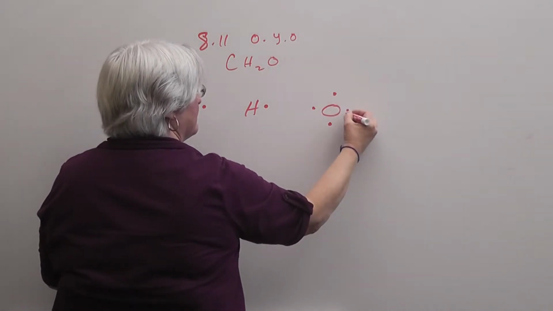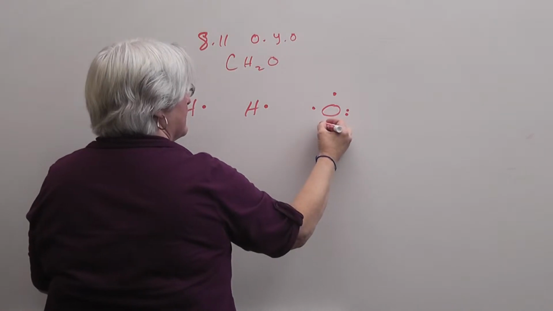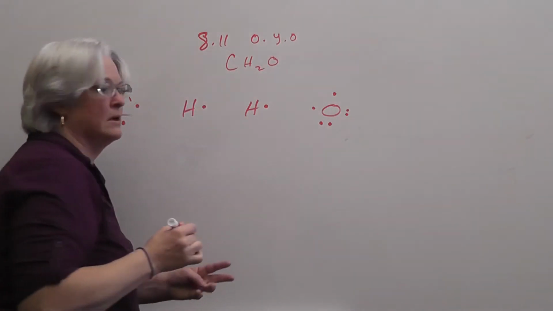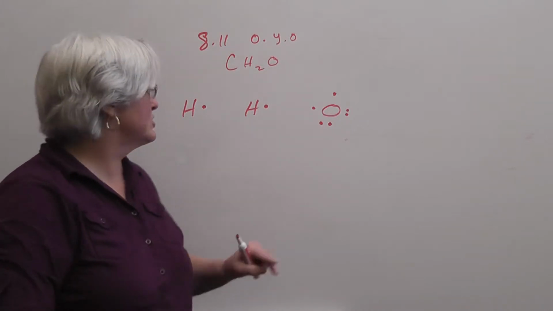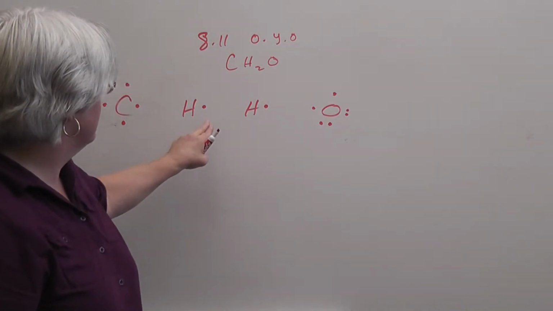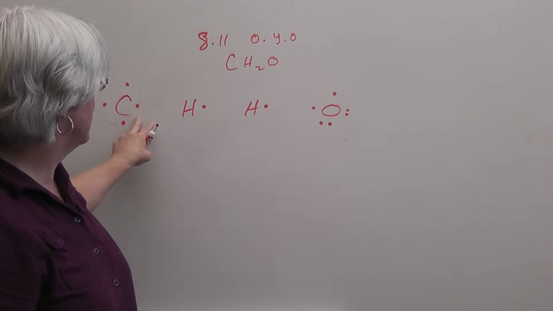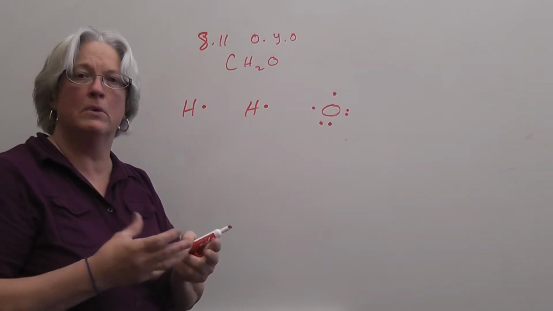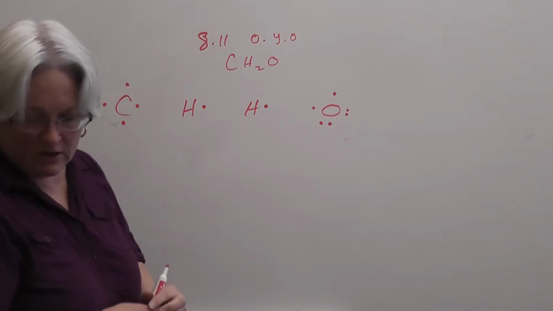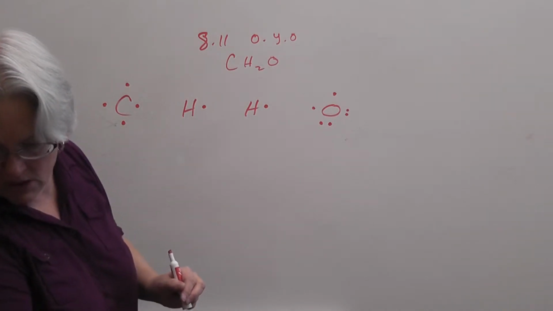So we have 1, 2, 3, 4, 5, 6. And what we want to do is put the atom that needs to gain the greatest number of electrons in the middle of our picture.